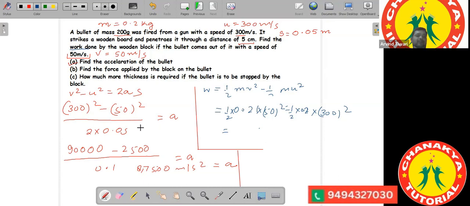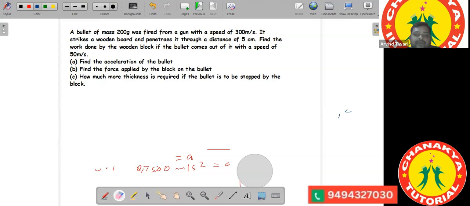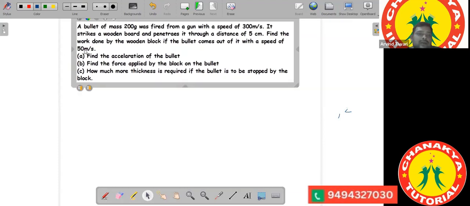So I'm waiting for you to compute the calculations, to complete the question just by changing the value. I'm changing one of the values so that you will perform the complete question again. Here it comes out with a speed of 100 meters per second.